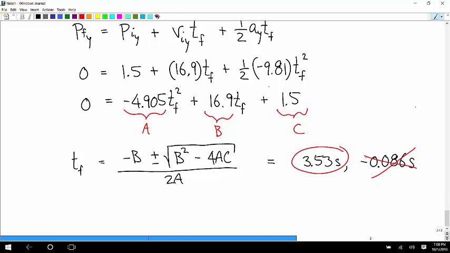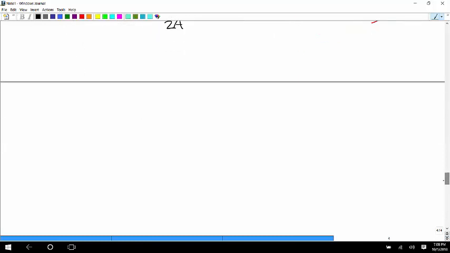Okay, are we done? No, because that's not what we were asked for. But now the idea is, go back to what we know and what we want. Back to step 2. And now we know TF. So we know it's 3.53 seconds. And we know all the other ones, they still stayed the same.